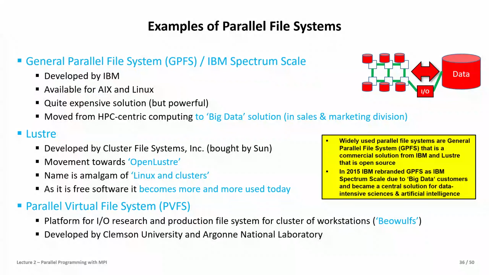And examples of these parallel file systems that treat concurrent access to files would be, in the past, maybe GPFS, which has now been renamed to IBM Spectrum Scale, developed by IBM. So not directly an open source solution, but there's also Lustre as an open source solution that is often used these days, which essentially is a parallel file system that really supports our MPI applications at the file system level.